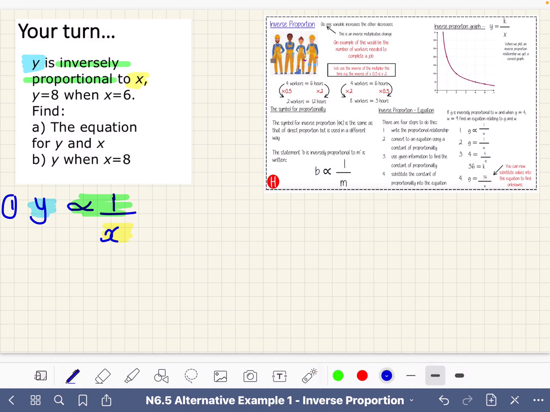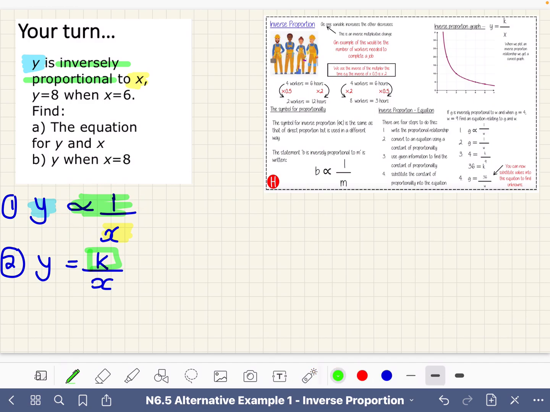Our step 2 is to represent this inversely proportional to as an equals k as our numerator of the fraction. So we have y is equal to k over x, where k represents this part here.